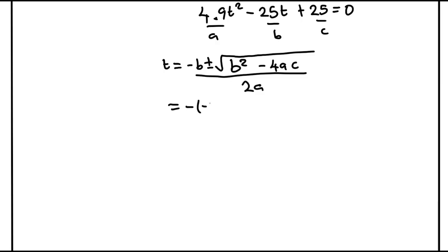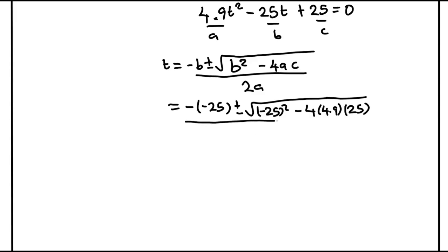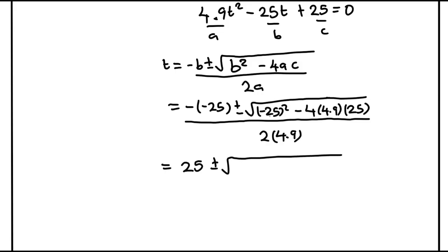Our b is negative 25, so negative negative 25, plus or minus the square root of our b, negative 25, squared, minus 4 times our a, which is 4.9, times our c, which is 25, divided by 2 times our a, 4.9. This gives us 25 plus or minus the square root of 490.